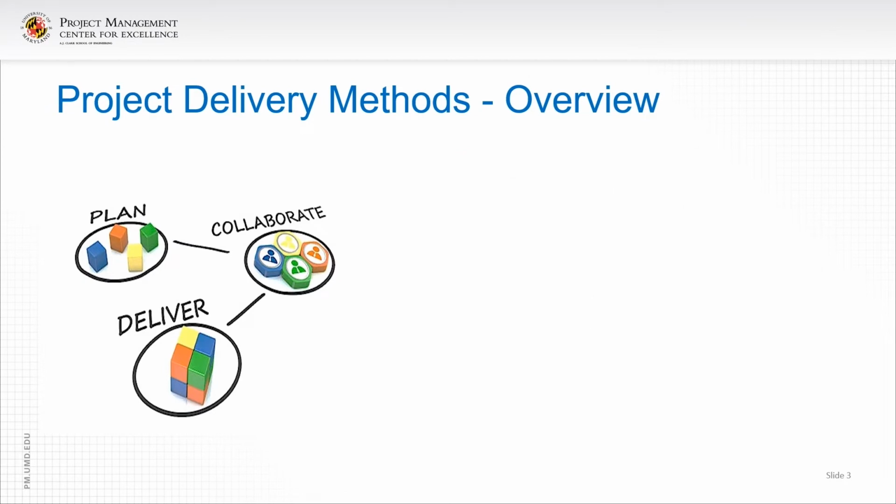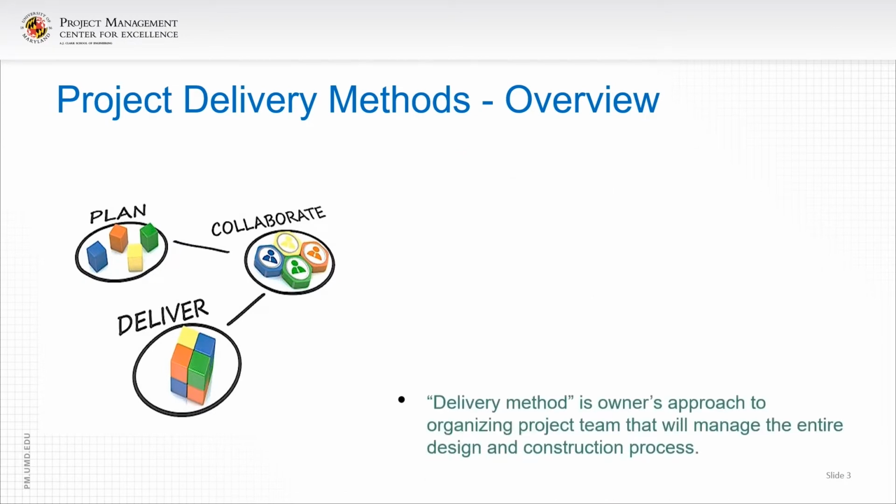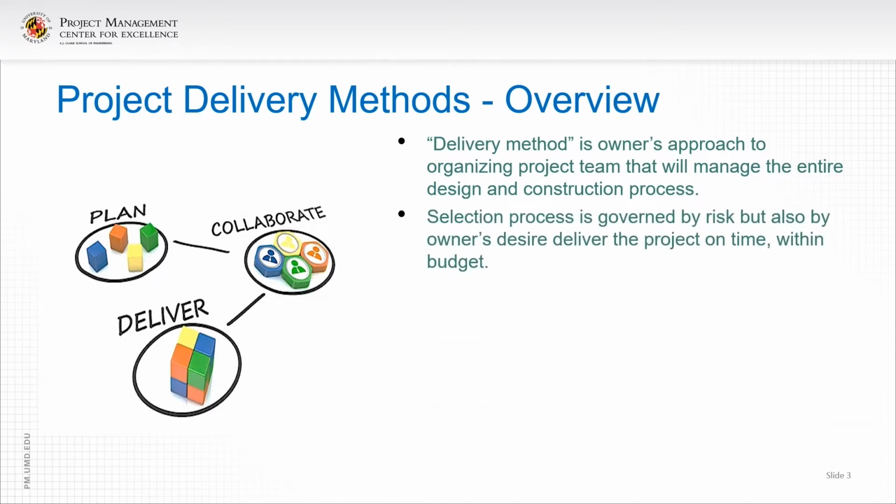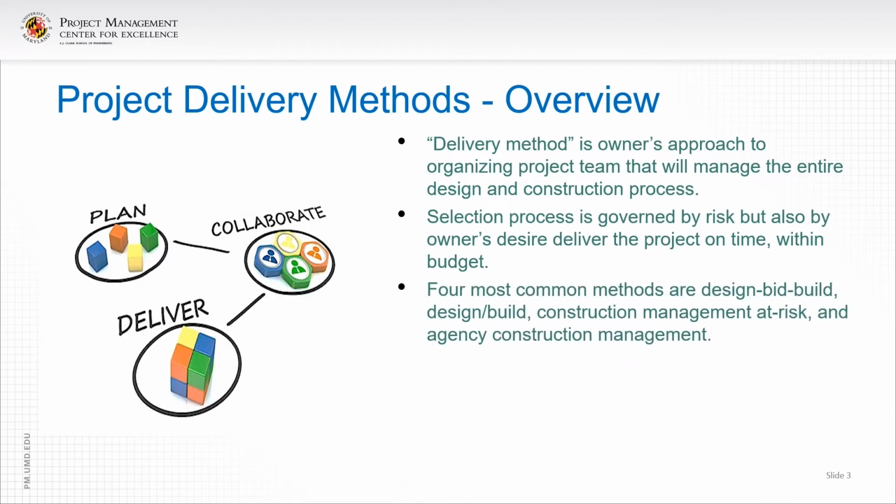In this slide, we're going to talk about general overview of the delivery method that the owner needs to assign to the project. The selection process is governed by risk, but also by the owner's desire to deliver the project on time within budget.